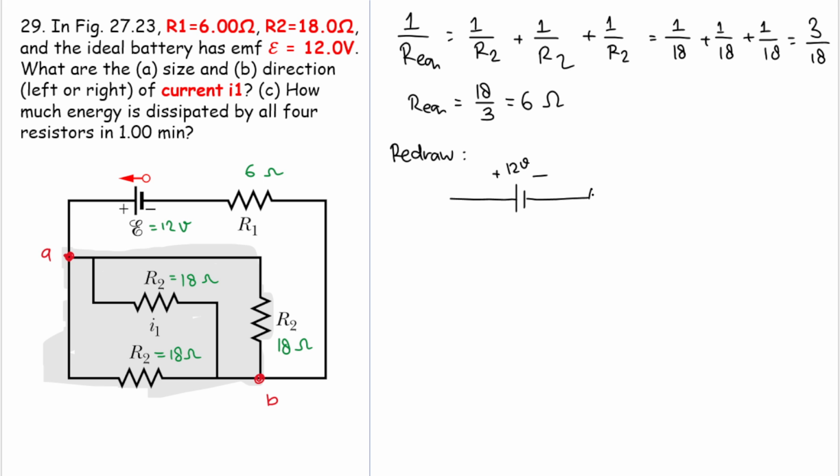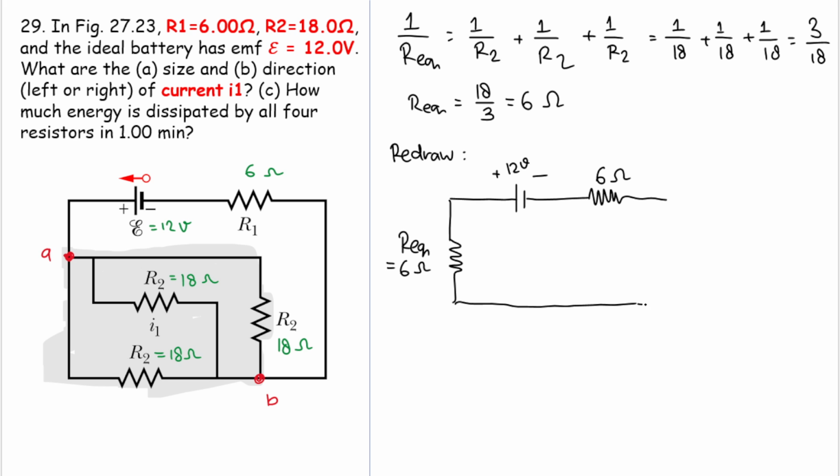And then we will have this resistance here, and that will be 6 ohm. Good. And here we will have our R equivalent, because we replaced this part with the parallel resistance, and that will be 6 ohm. Good.